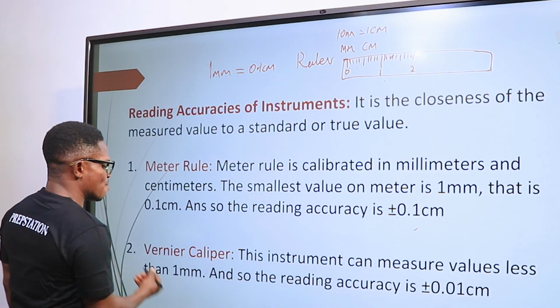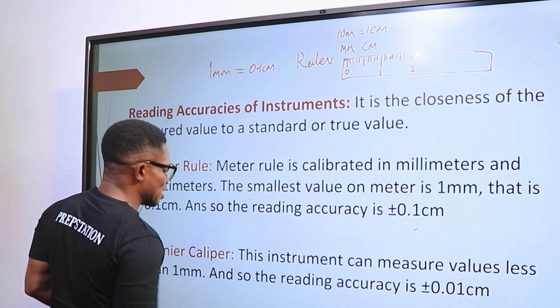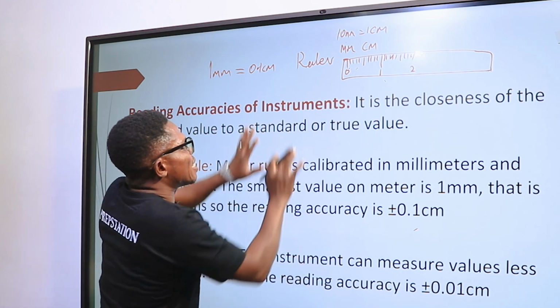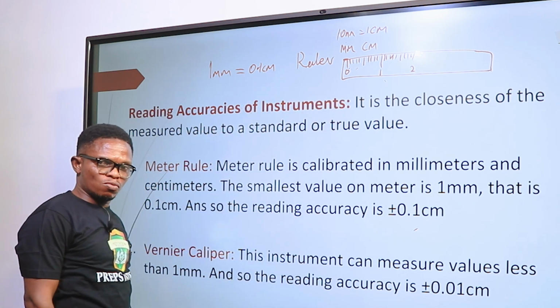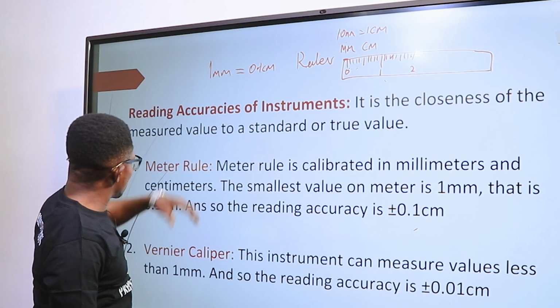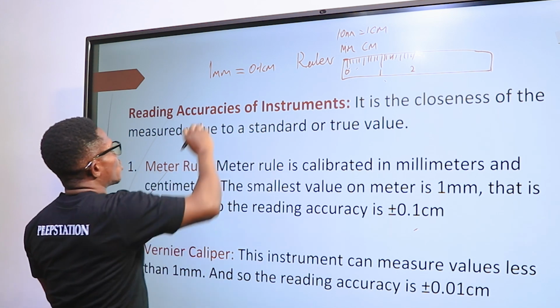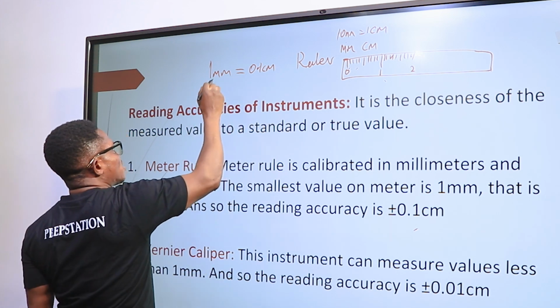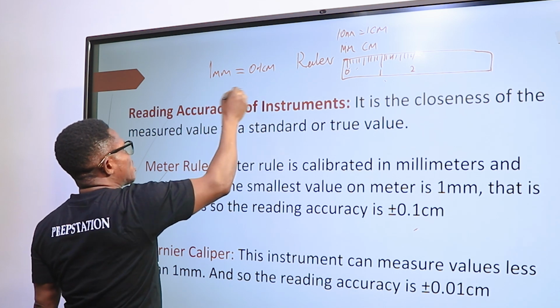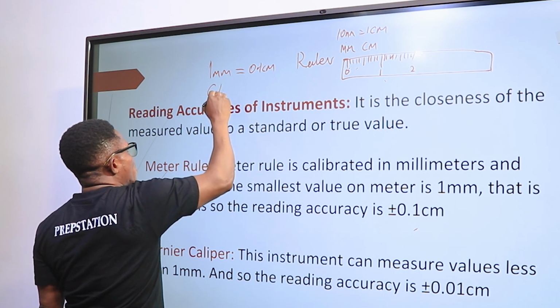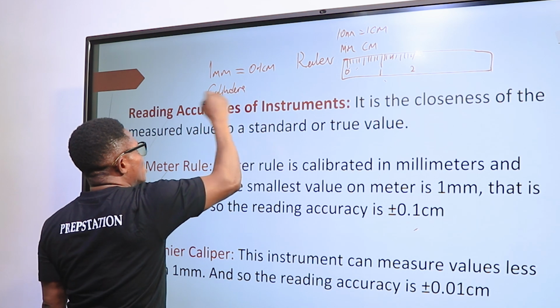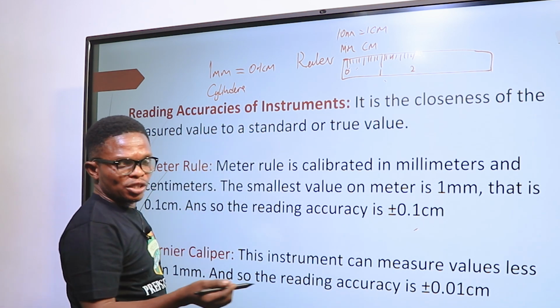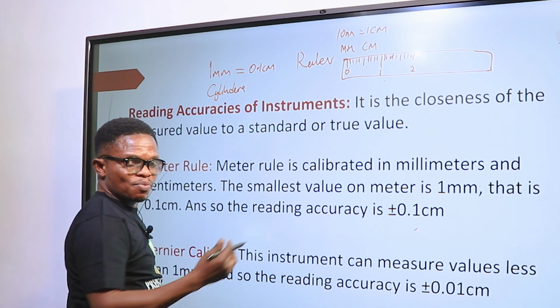Now, what about vernier caliper? Vernier caliper can measure dimensions even smaller than the meter rule. It is used in measuring sometimes external diameter, mostly the diameter of cylinders. So vernier caliper is used in measuring the diameter of round objects, because meter rule cannot do that precisely.